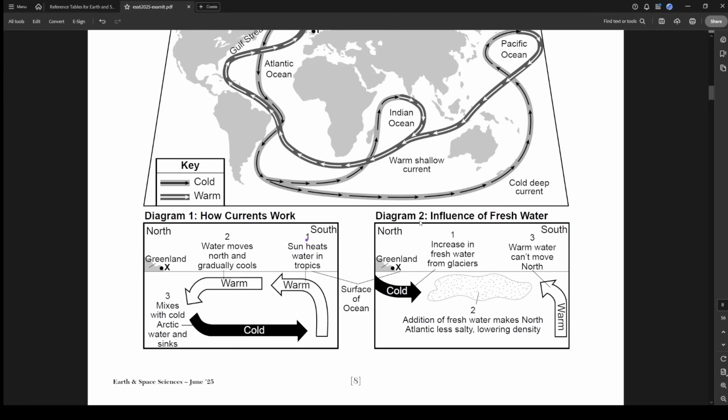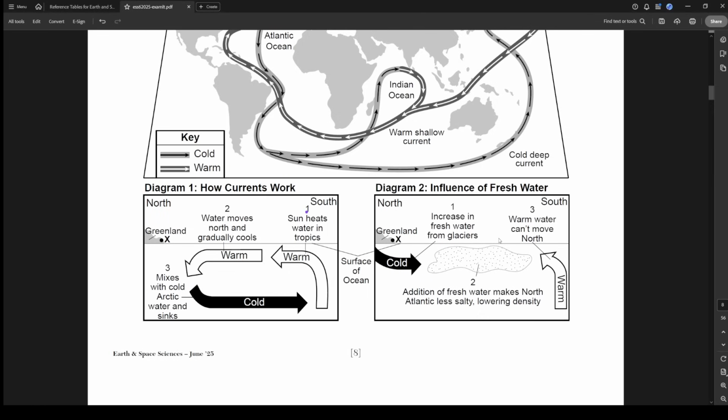Then we got diagram 2, the influence of fresh water. Step 1, increase in fresh water from glaciers. Okay, so that would be great. Step 2, addition of fresh water makes the North Atlantic less salty, lowering density. And then warm water can't move north because it's blocked.